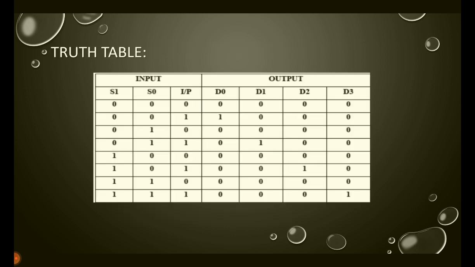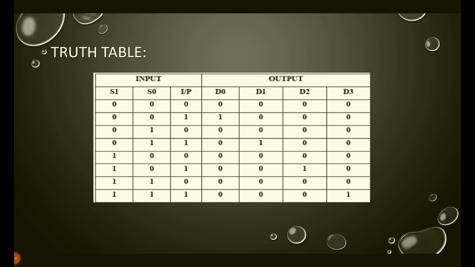Truth table. So here we have inputs S1, S0 and input, output D0, D1, D2 and D3. When we give all the 3 inputs as 0, we get all the 4 outputs as 0. When we give input 1, you get output for D0. When you give input for S0, you get output as 0 for all the outputs. When you give input for S0 and input 1, you get output for D1.